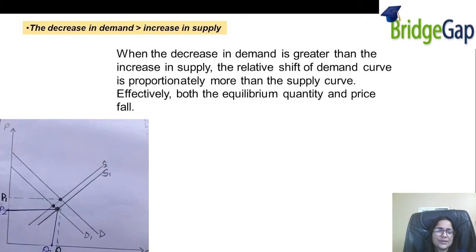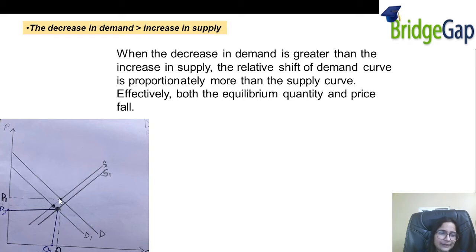Now comes a situation when the decrease in demand is greater than the increase in supply. For example, our demand curve D has a decrease in demand. So the new demand curve for us is D1, and there is an increase in supply but in a lesser proportion. Okay, the supply has increased by a lesser proportion.